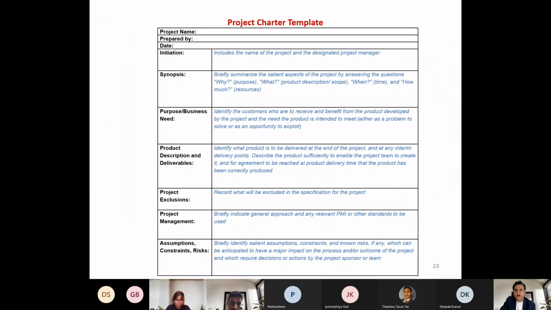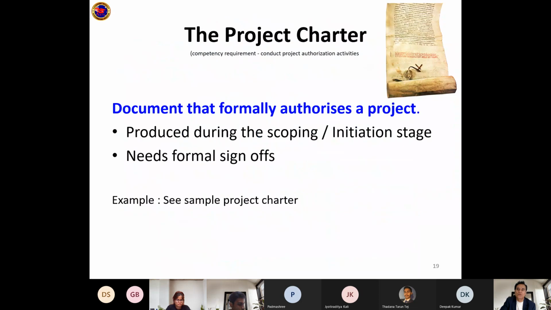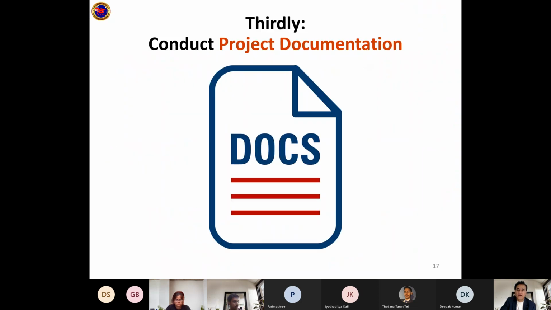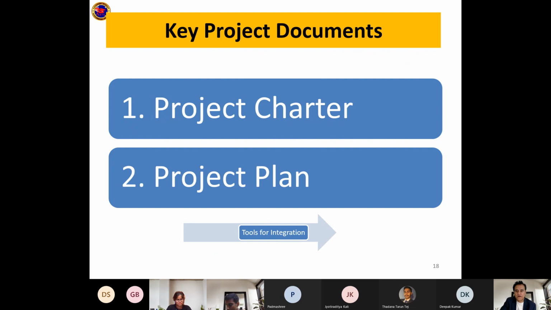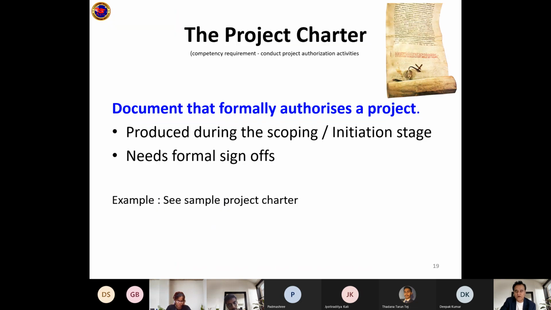Going back to what I said: as a project manager, you will need some tools, which is the project documentation. The charter and the plan are what we're covering; these are tools for integration. The project charter, as we now know, is a formal document for authorizing the project. The project becomes in flight after the charter.